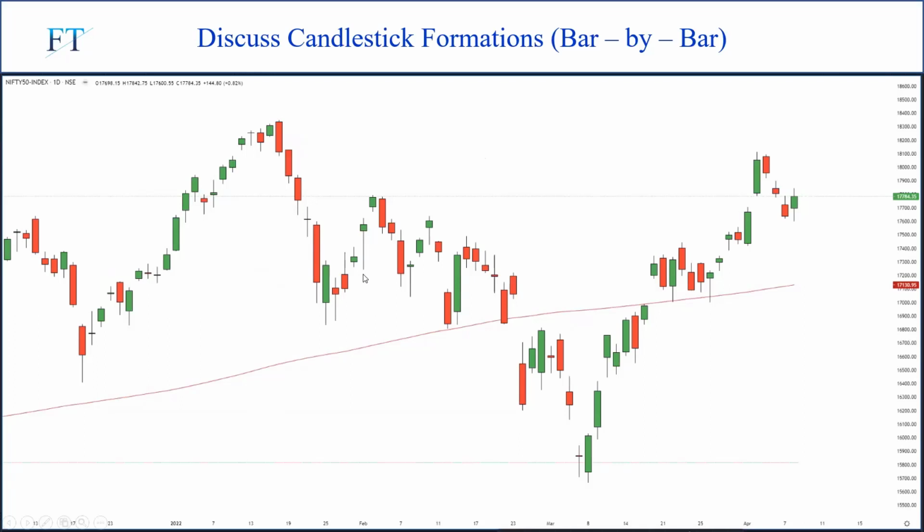It moved down further, and when this bar was under formation, it was a red bar. But then eventually what happened is that buyers took control of this bar, and they moved the prices all the way back to its highs, and the closing came above the opening price, which made this bar a green bottoming tail bar.